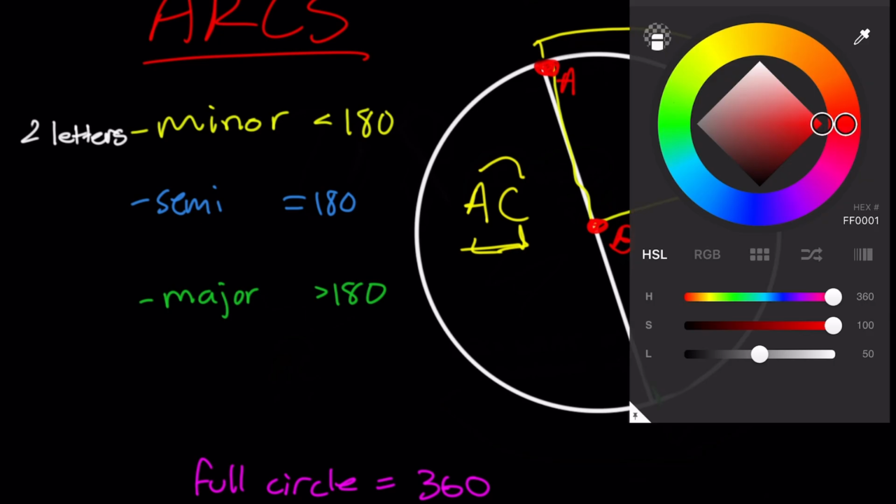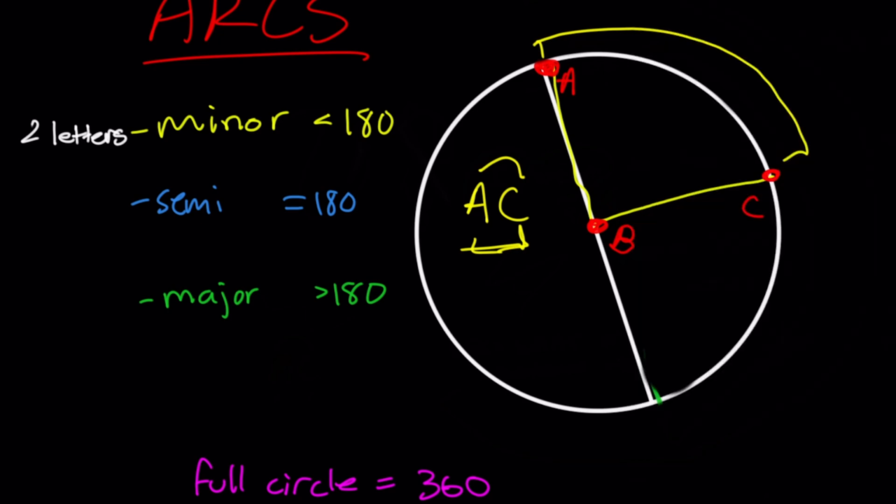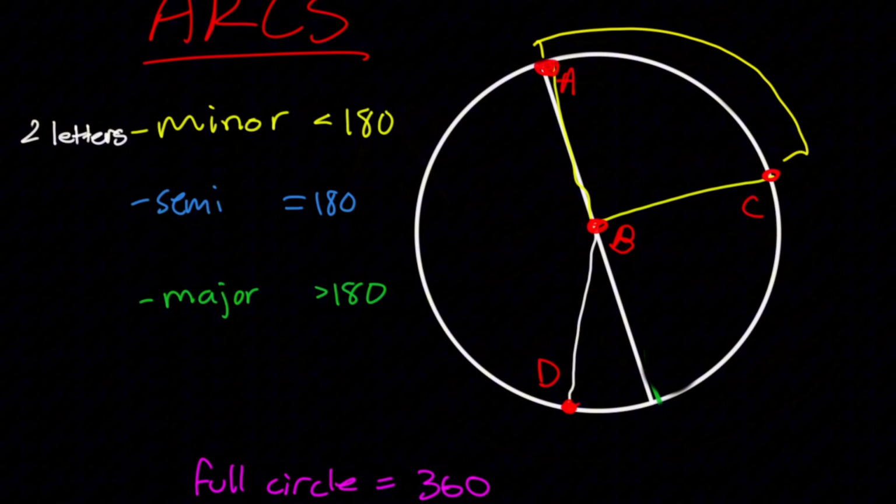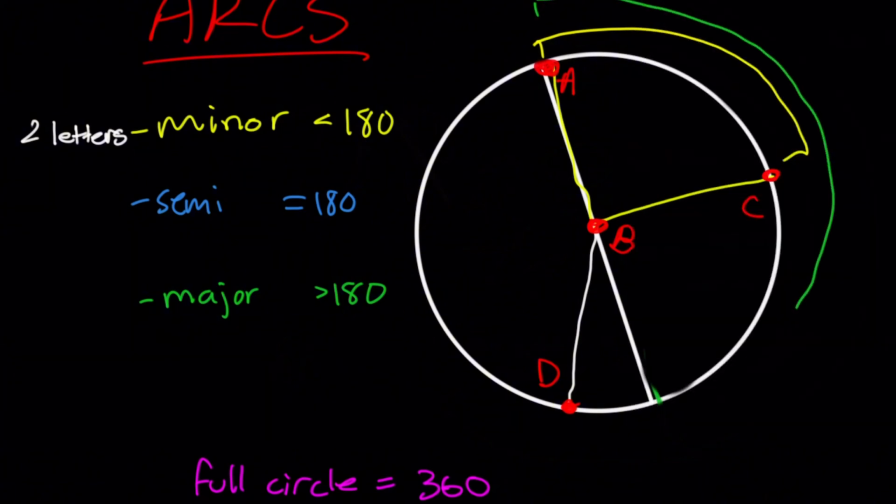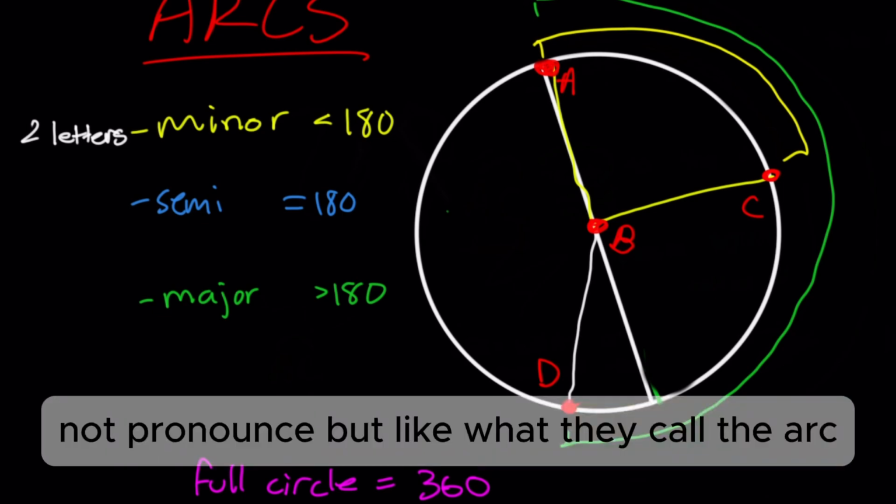Let's say this is another line right there, and then we have another point here, which is D, and we want to name the major arc. When I did geometry and they told me to name the arcs, I struggled with the way they would pronounce it.